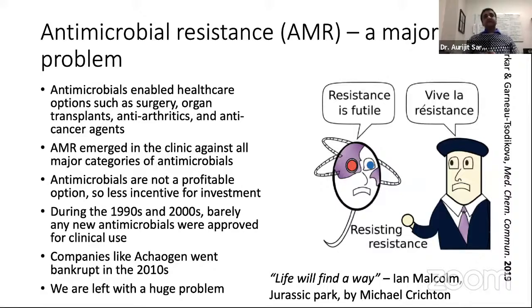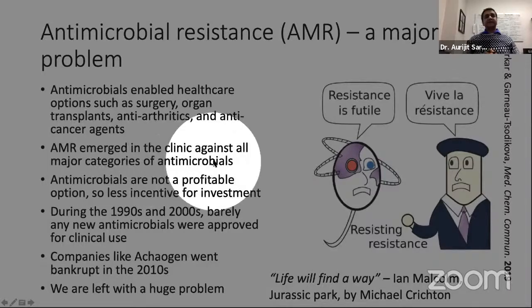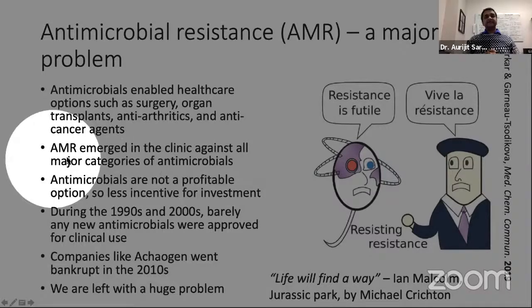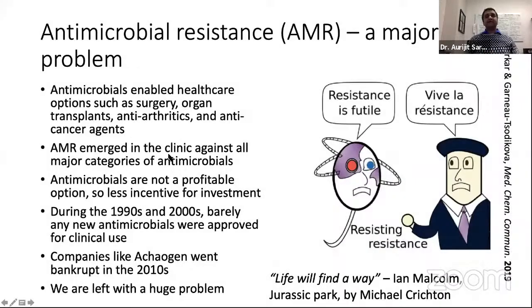So as we started to use antimicrobials, these pathogens actually started to demonstrate signs of resistance in the clinic. So antimicrobials, antibiotics that used to work perfectly fine, a good example would be methicillin. It was a very good antimicrobial when it first came out.